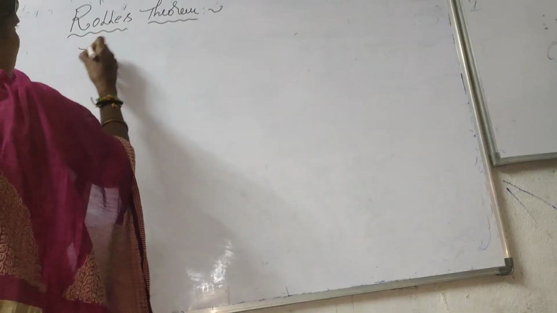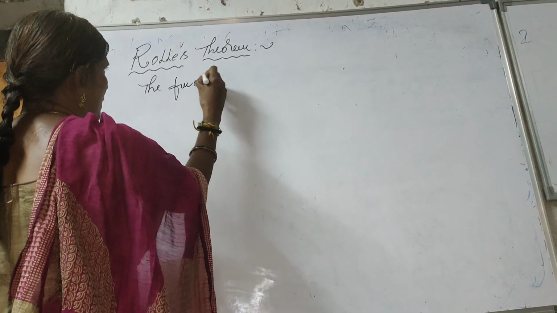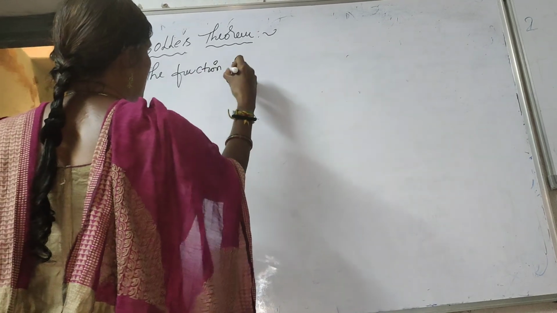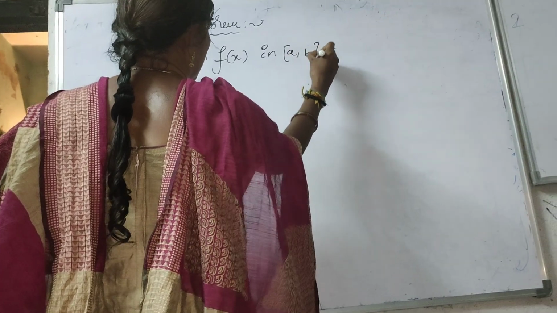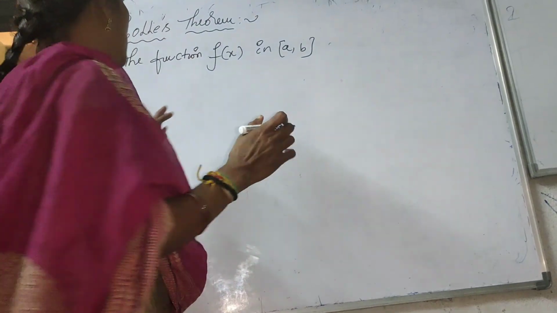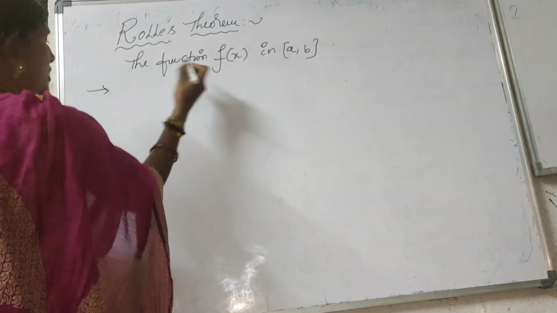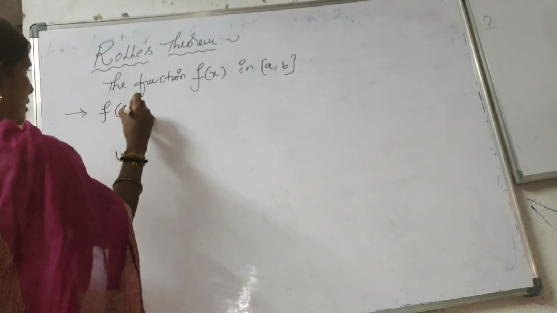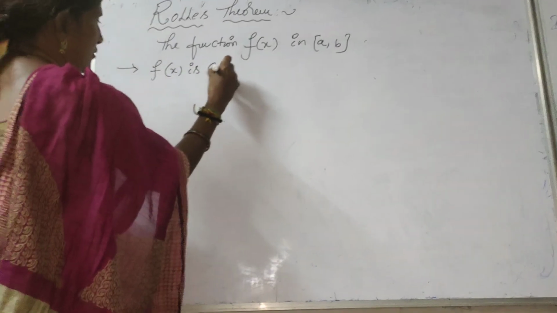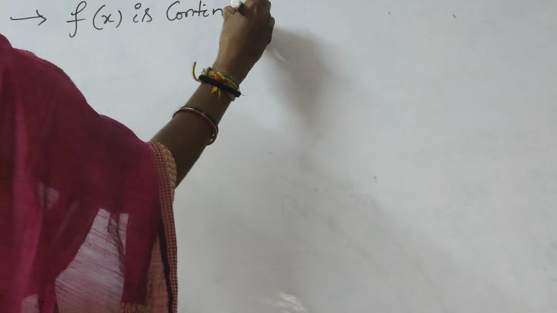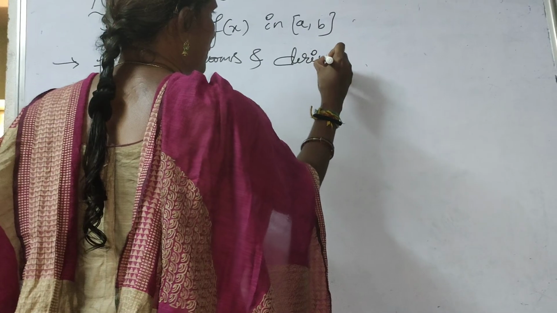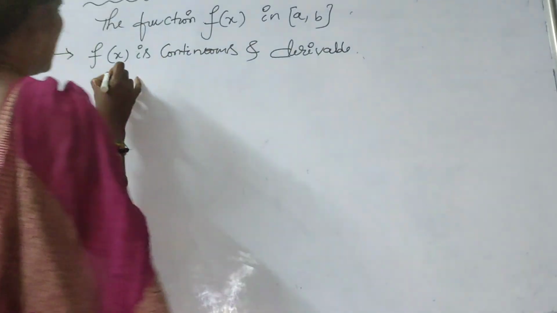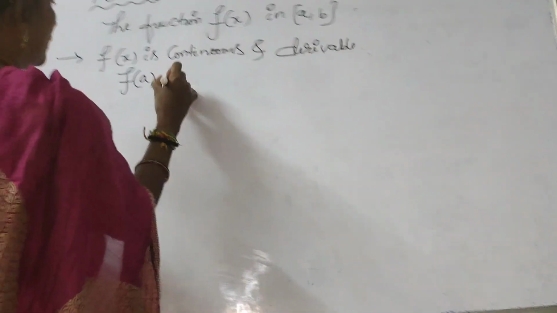Rolle's theorem states that the function f of x in the interval a comma b satisfies the first condition: the function f of x is continuous and derivable, and f of a equals f of b.